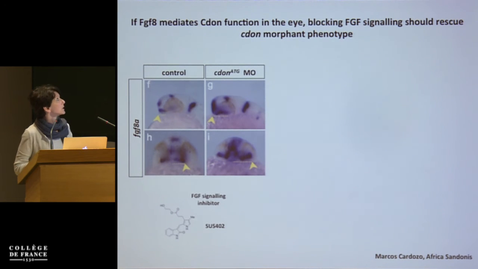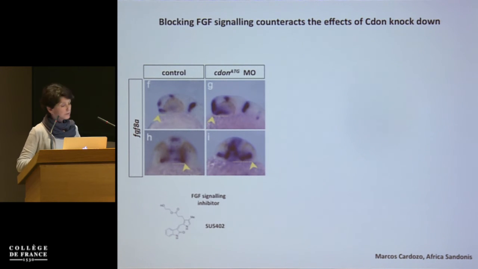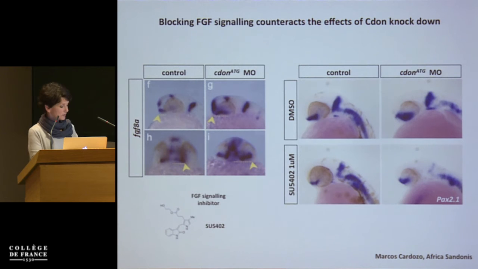So he then asked whether FGF signaling inhibitors were sufficient to rescue the phenotype of Kidon morphant, and indeed by just incubating the embryo with FGF signaling inhibitors, what he observed was a rescue of the proximodistal patterning of the vesicles with a lower expression of PAX2 as compared to the Kidon morphants.